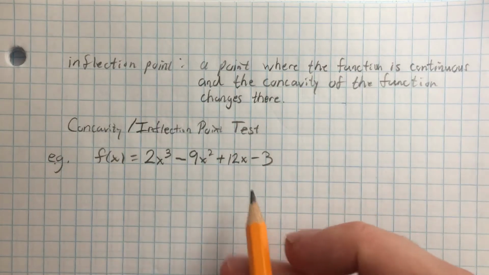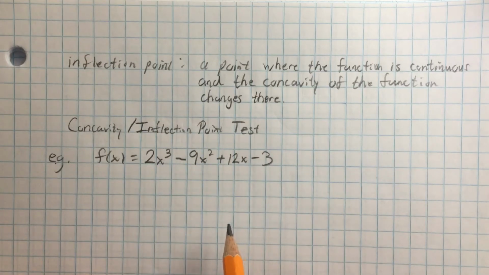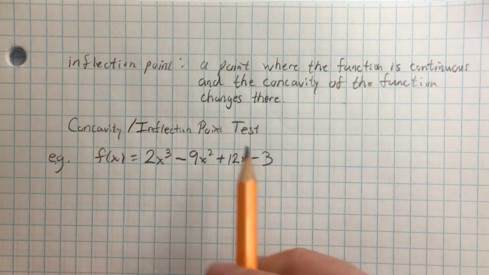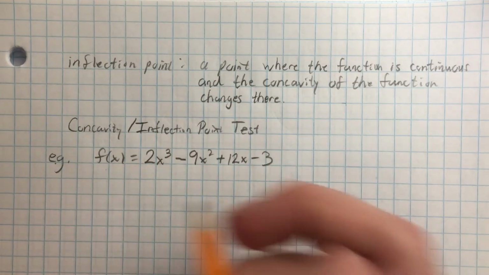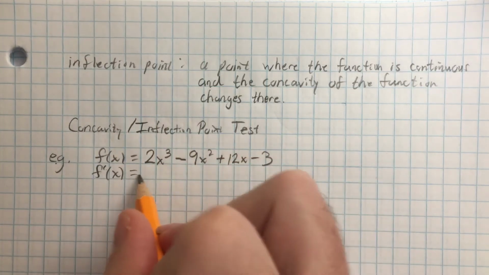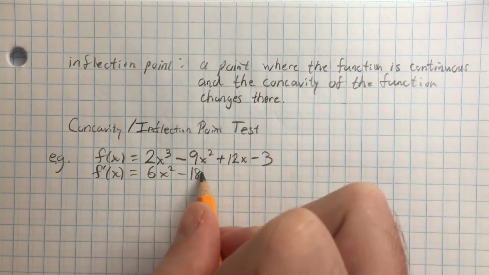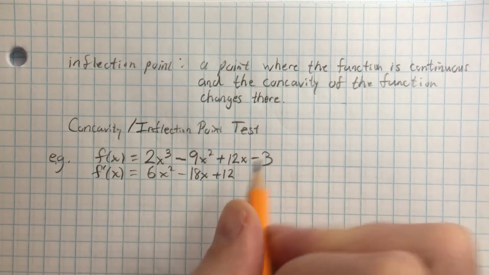All right. If this function here was what I was looking at, and I wanted to find the relative extrema, first thing I would do is take the first derivative and I would set it equal to 0. Why would I do that?